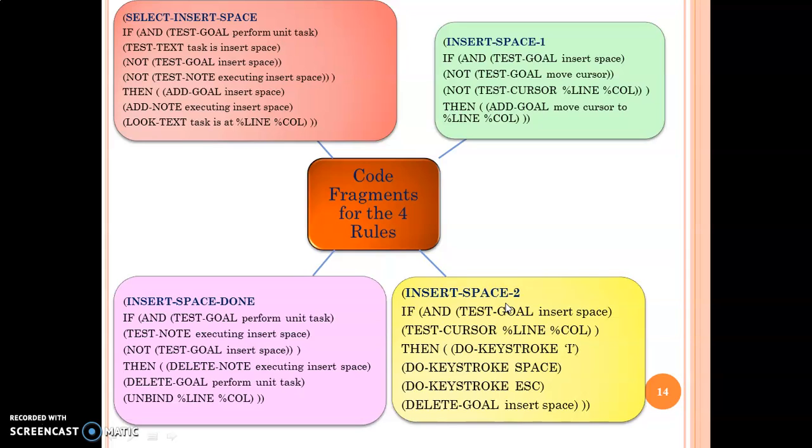So the rules here which we can see are the 4 rules which can fire, but out of them only the first rule can fire. The condition for select insert space, this rule can only be fired. The rule fires and its action is performed.